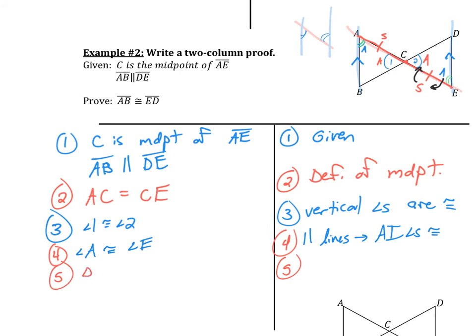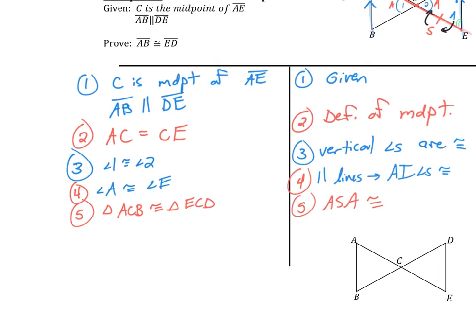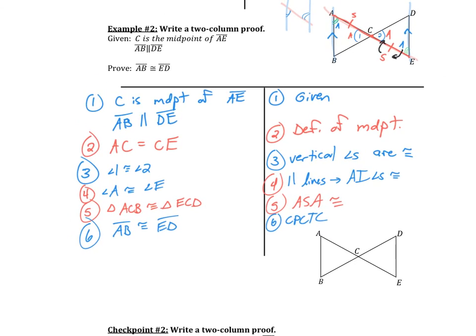We would say triangle ACB is congruent to triangle ECD. And this time the reason is angle, side, angle congruence. And then lastly, this is 6 steps, so it's a long one. The last thing we would say is AB is congruent to ED because of CPCTC. Again, that's our whole proof. It was a long one, 6 steps, but we got to the end.